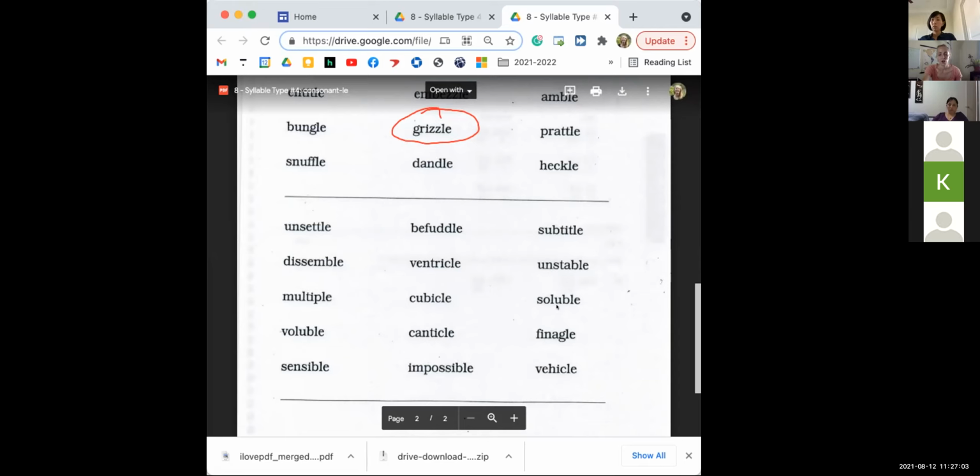This long U in the middle of the word is always the tricky one. Soluble. Finagle. And vehicle.